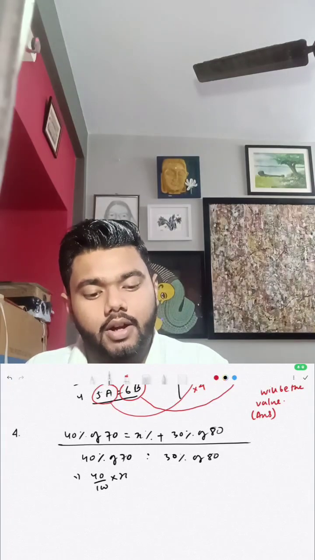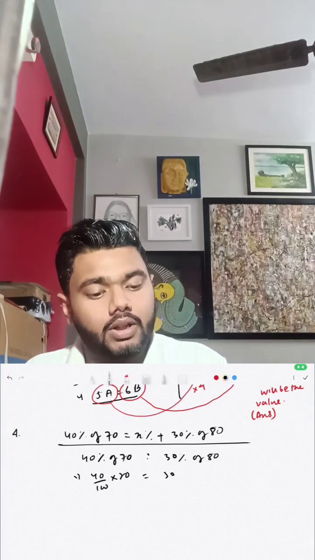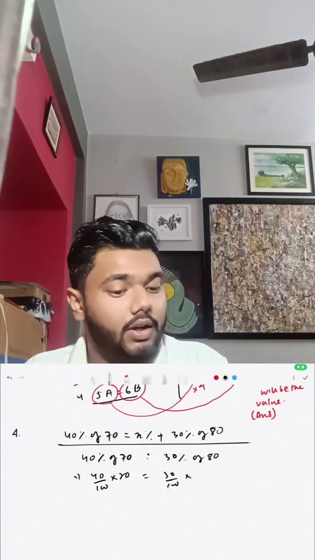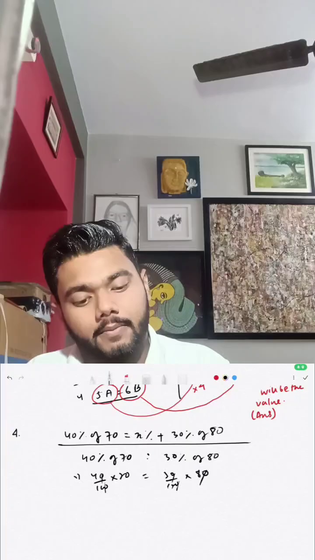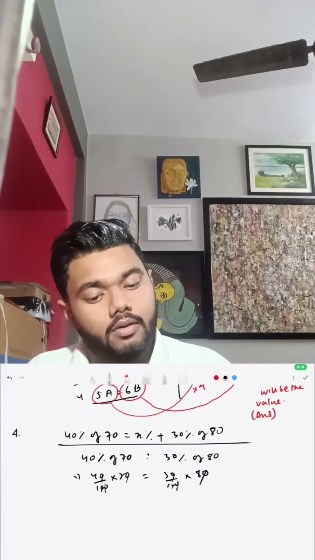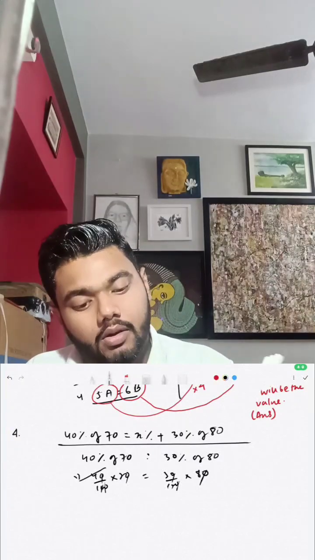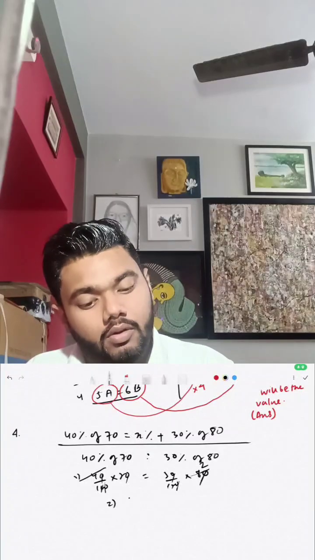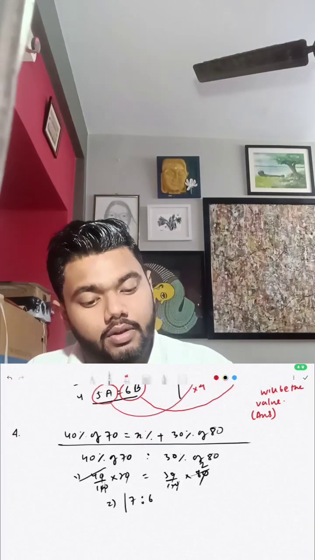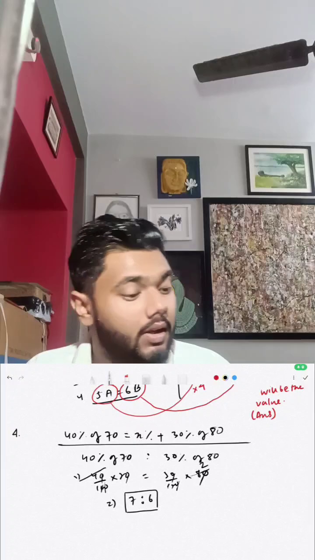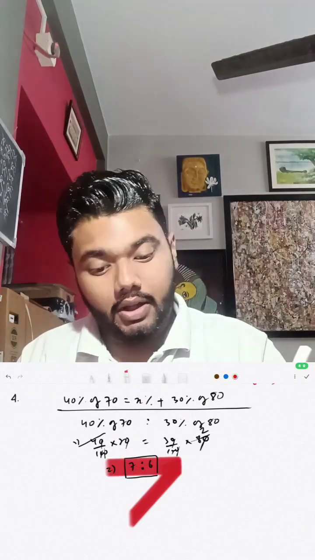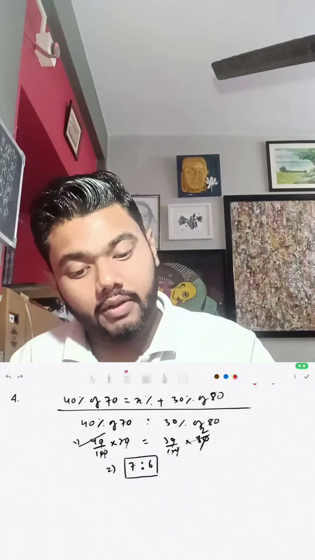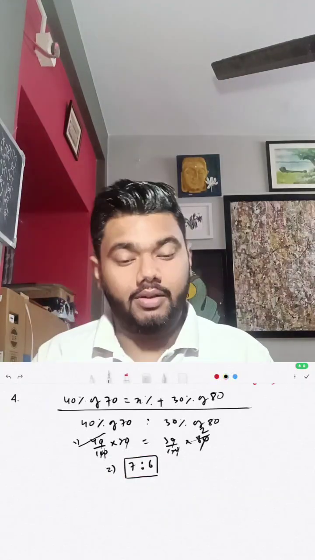40 by 100 into 70 is equal to 30 by 100 into 80, right? 7 is to 6. So we have found 7 is to 6 as our ratio.